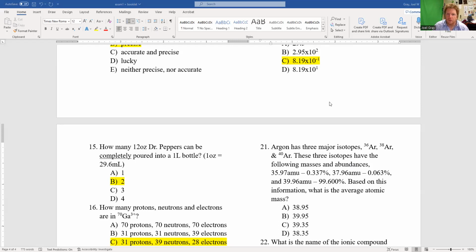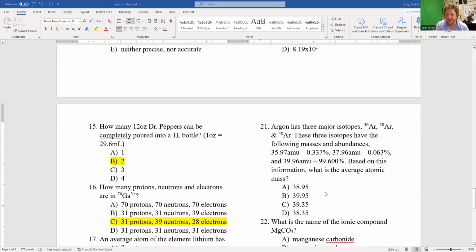Okay, to answer this question, we've got 38.95, 39.95, 39.35, and 38.35. Now, judging by our abundances, 99% is that 39.96.